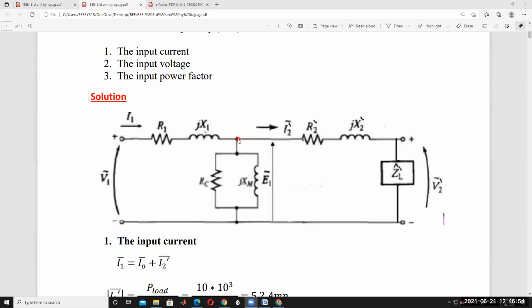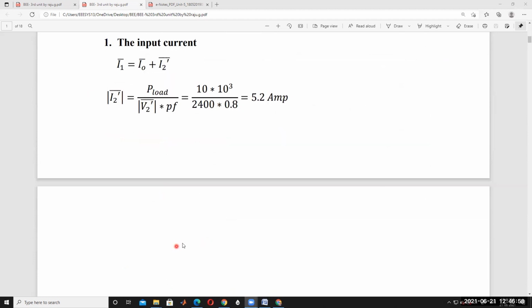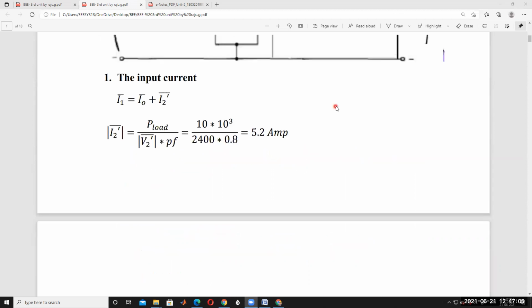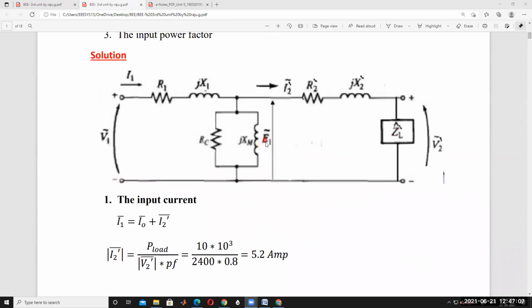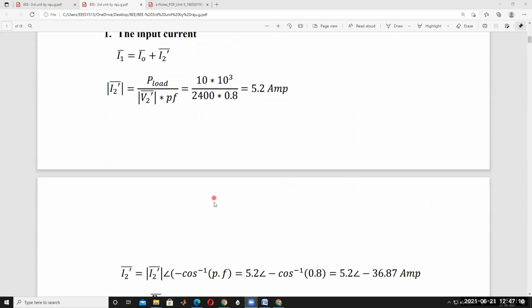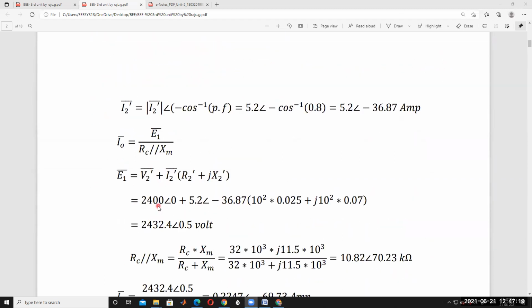So E1 is equal to V2' plus I2' into R2' plus jX2'. Here V2' refers to the primary side, the high voltage side. That's why V2' becomes 2400.